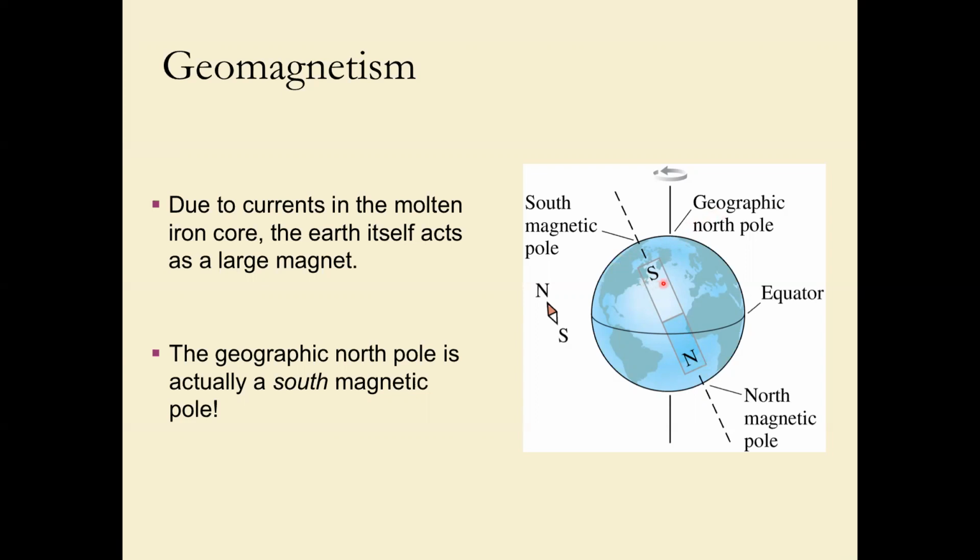This is the south magnetic pole, this is the north magnetic pole. So this south magnetic pole points towards the geographic North Pole. So that's why we can say that the north pole of a compass needle is attracted toward the geographic North Pole of the Earth.